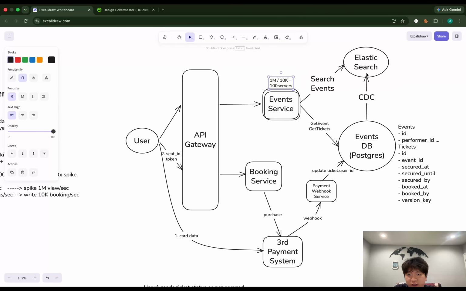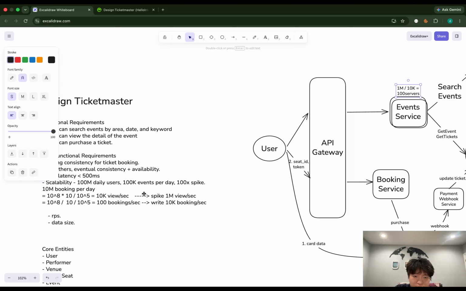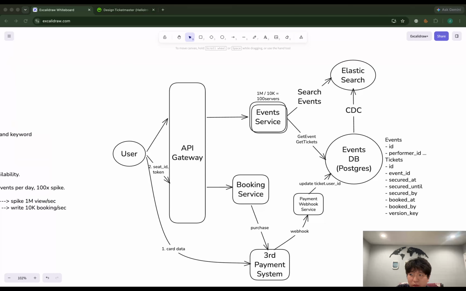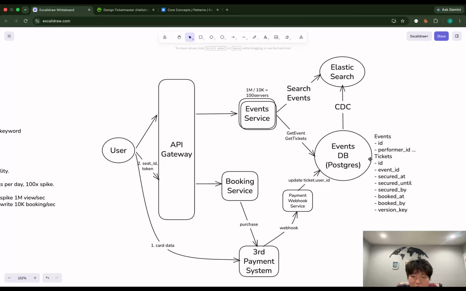And for search event, we have to handle, as I said, 1 million views per sec. So let me start from this event DB. Basically, PostgreSQL can handle around 100. Let me check. Okay, I just took a look. PostgreSQL can handle 50K requests per sec.